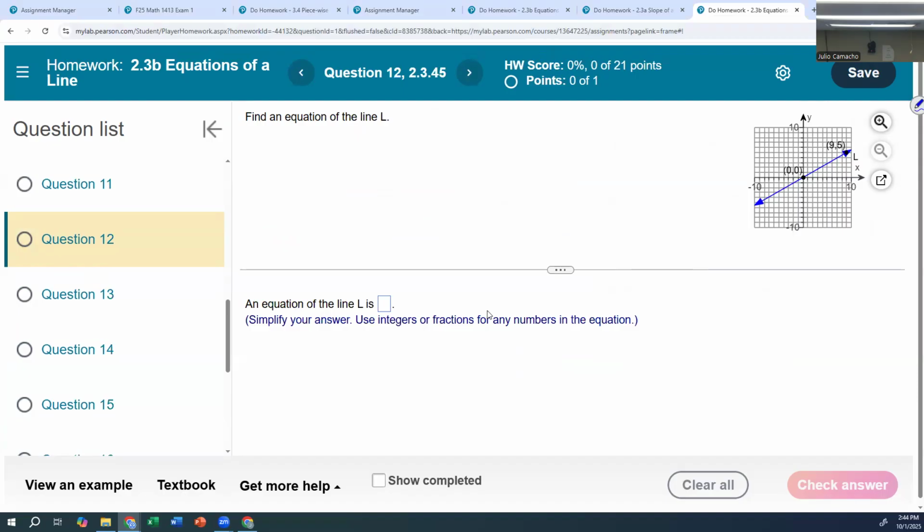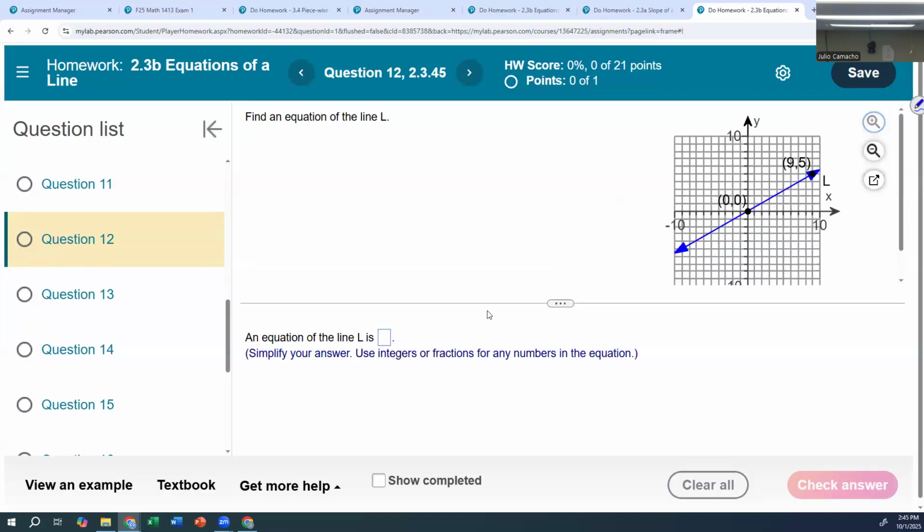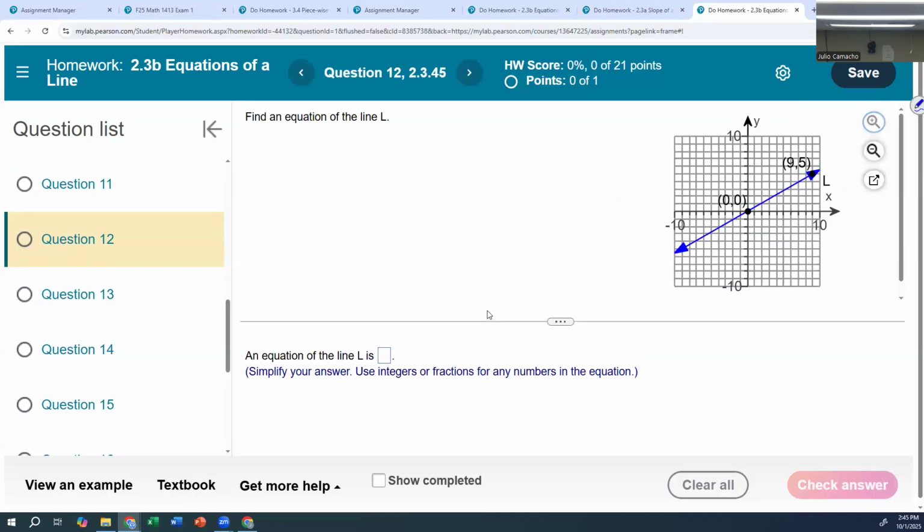They are giving you 2 points. The 2 points that you have here are 0, 0, and 9, 5.